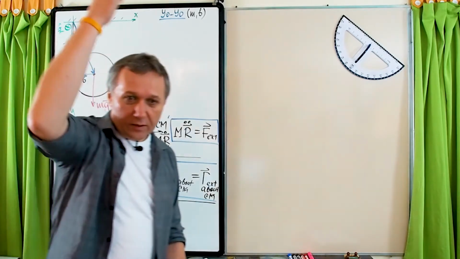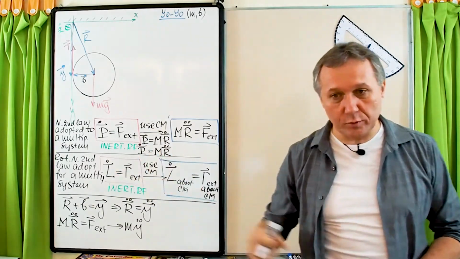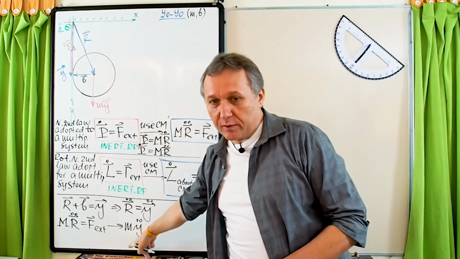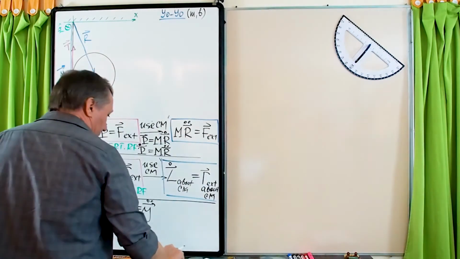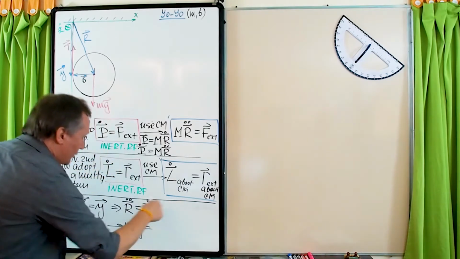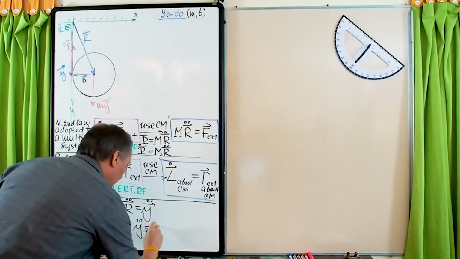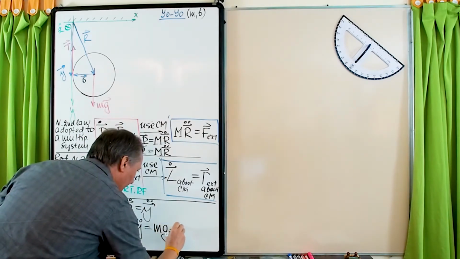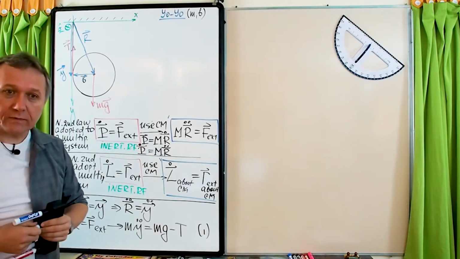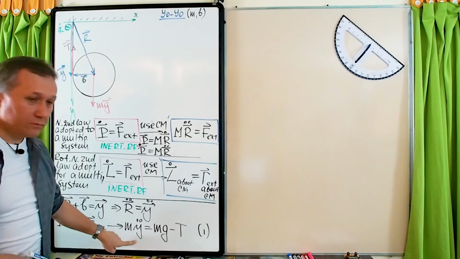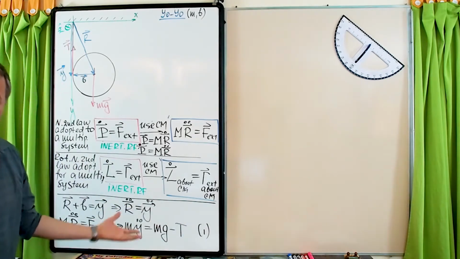Since everything is in the y direction, I will just use pluses and minuses to show directions. In Newton's second law, acceleration we assume to be positive, equals forces: mg positive and T negative, so mg minus T. That's our equation number one. But it's not enough, because we have two unknowns, y, the position of the point of contact, and tension. Two unknowns, one equation, not enough.